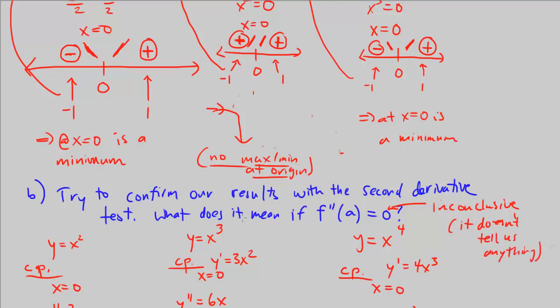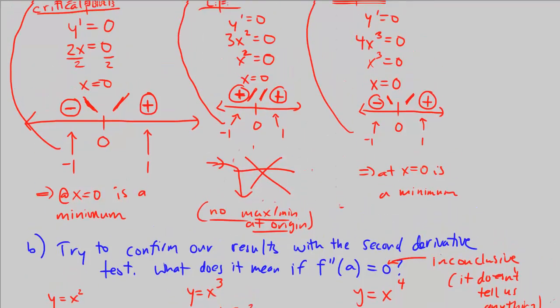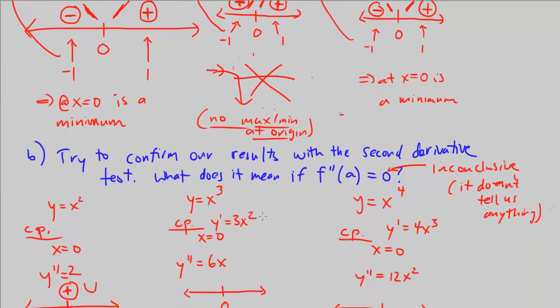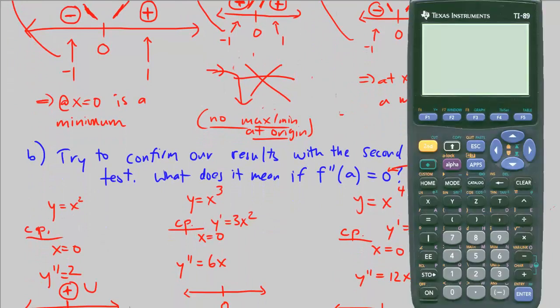If the second derivative equals 0, that means we don't know if it's a minimum or not a minimum. We know that there are no maximum or minimums at the origin here because it's increasing to the left and to the right.